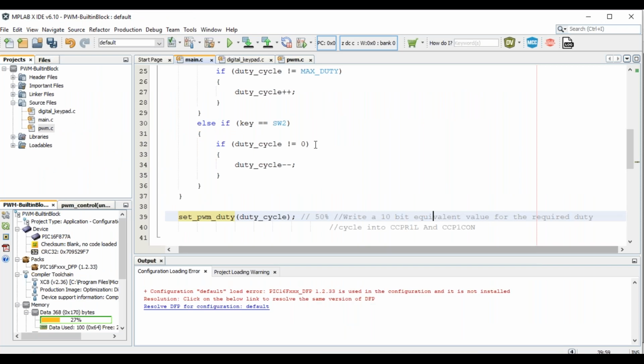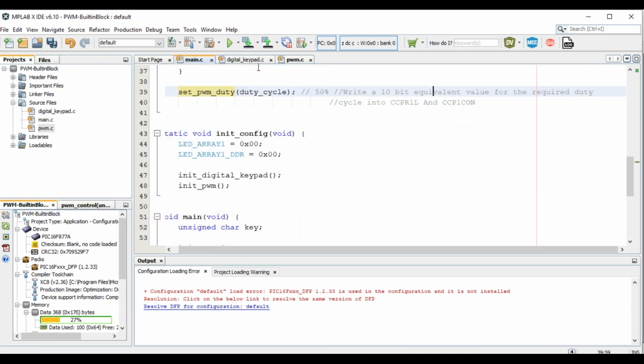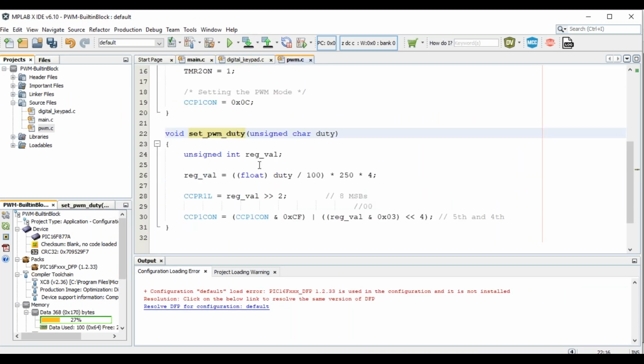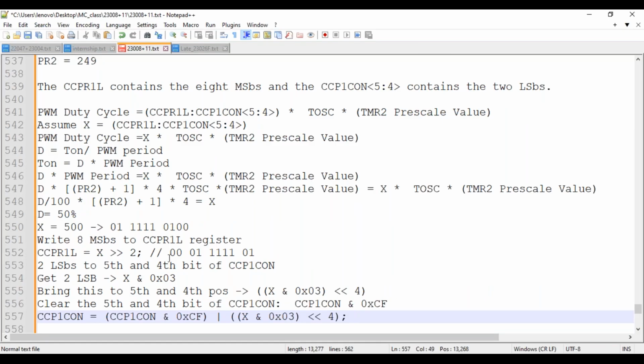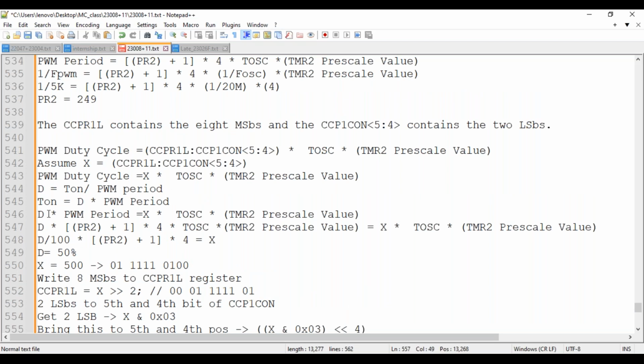Okay, so the same is written here. You can see the set PWM function. The register value is nothing but float of duty cycle divided by 100 multiplied by 250 multiplied by 4. So that is this calculation.